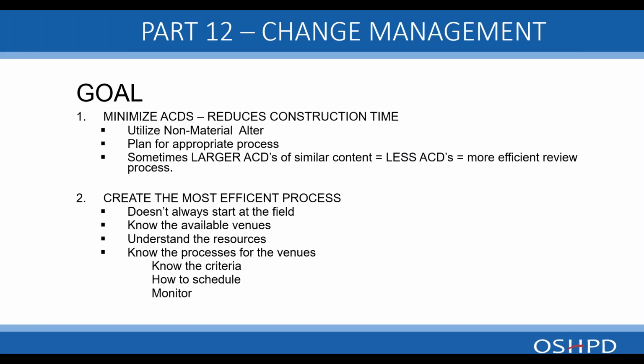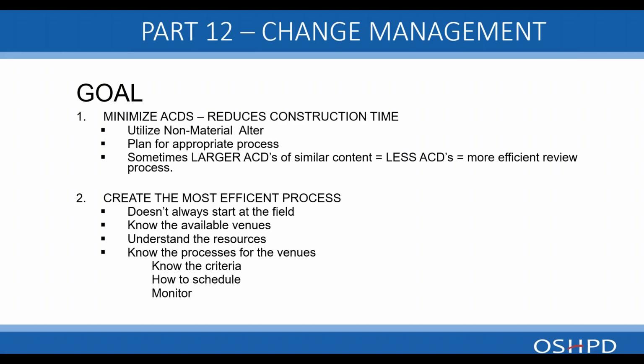So in order to minimize ACDs, we want to utilize as much as possible non-material alter. These are changes that don't materially alter the project, and this is specified in our code.